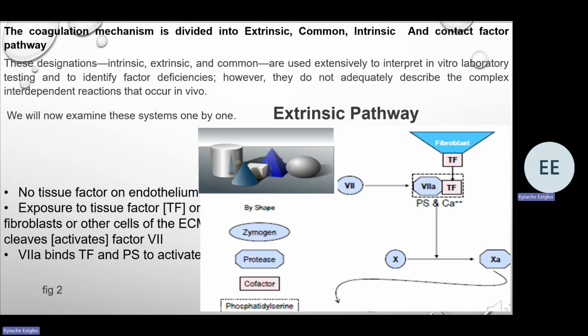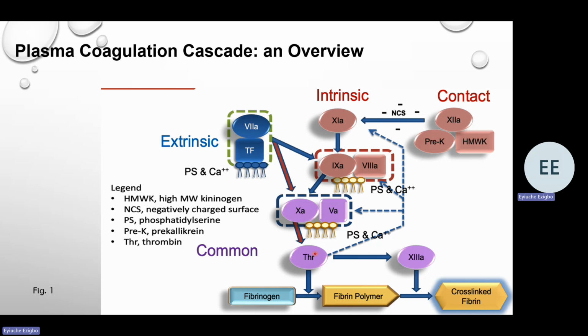So, as we've seen in figure 1, it's showing us an overview of the whole plasma-based coagulation system. Clotting usually begins when coagulation factor 7 is exposed to tissue factor and becomes activated.